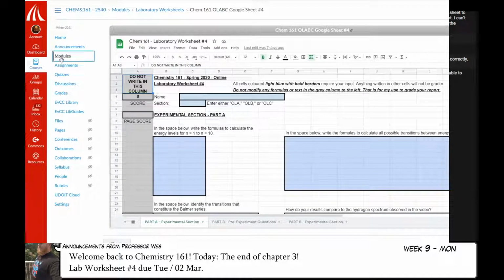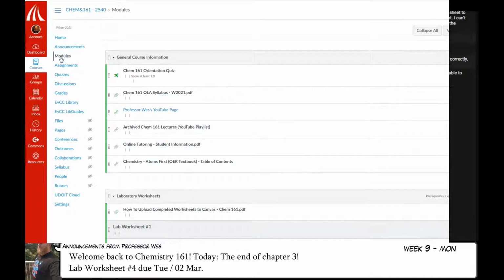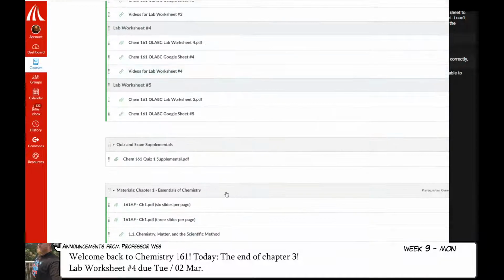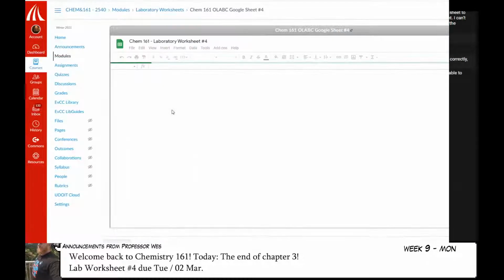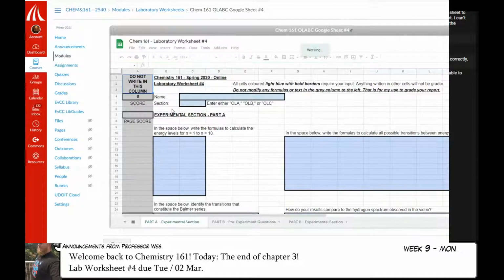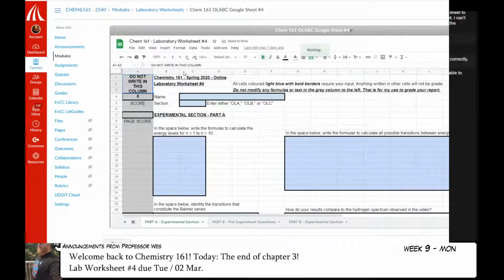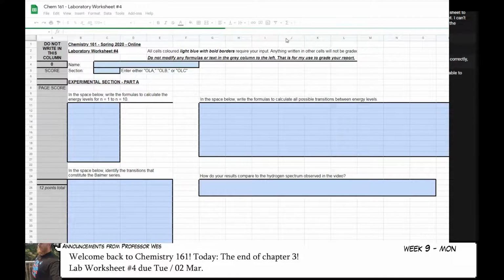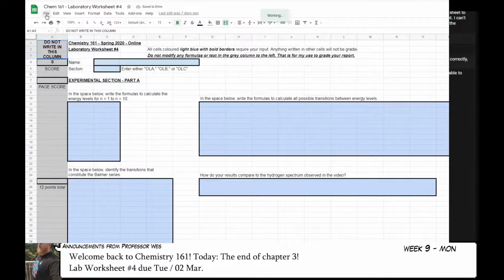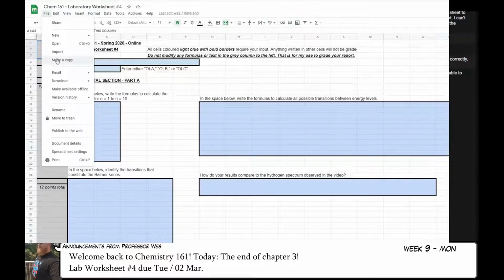So when you go into the modules and you click on lab number 4, it should be this. And then in here, I don't like working inside the little window, so I just hit a button and pop up a new window, and then it opens in a new spot. And it should just be right here.